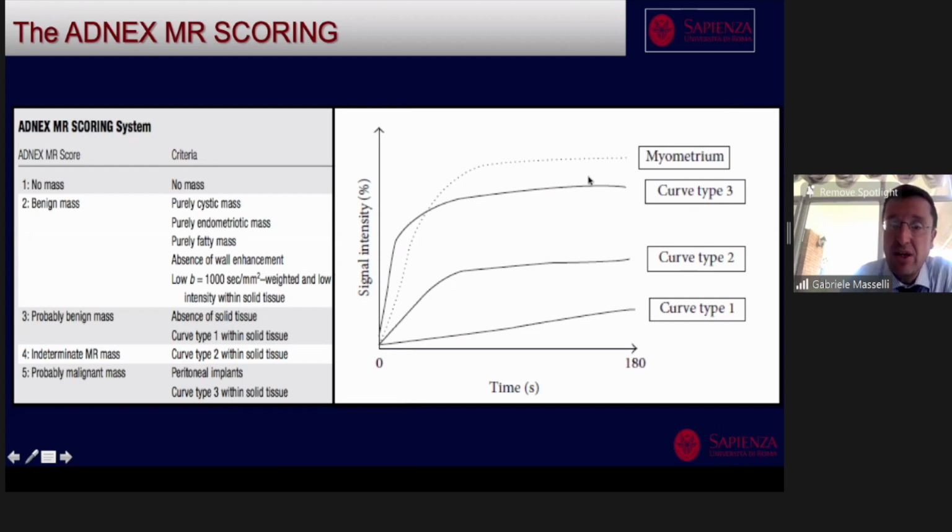Usually in malignancy, you find a curve that is characterized by a high, rapid increase of the signal, followed by plateau or washout, and the enhancement is greater than or equal to that of the myometrium. In case of type 1 and type 2 curves, which are most commonly seen in benign lesions, you see that the enhancement of the lesion is less than the myometrium.